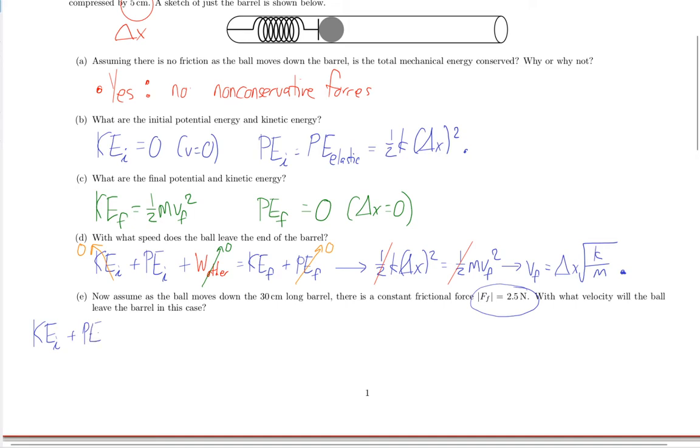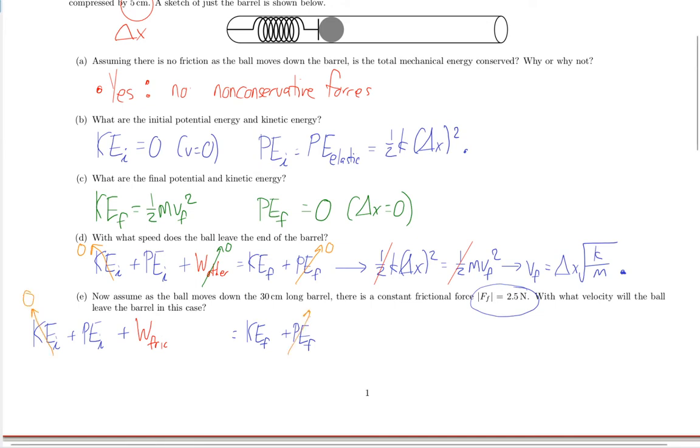Plus potential energy initial. Plus, now here we do have the work done by friction equals the kinetic energy final plus the potential energy final.